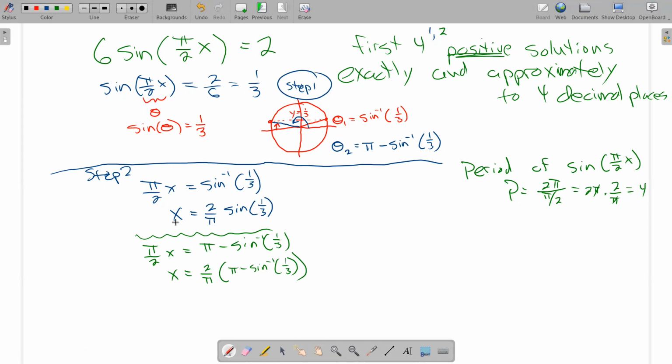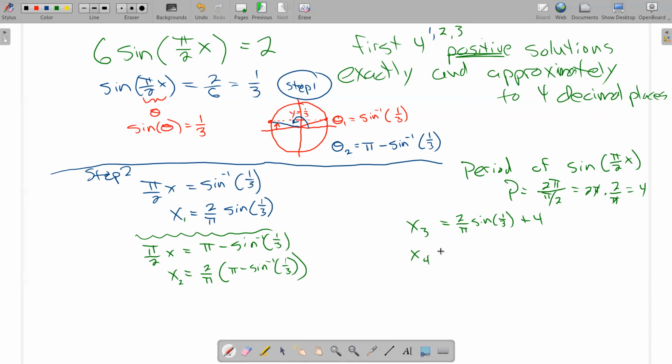So I have this one right here, we're going to call x1. This one right here, we're going to call x2. And then x3, the next one, will be to take the first solution, 2 over pi times the sine inverse of 1/3, and add 4 to it. That's going to give me the next solution. And then take the second one here and use the period.